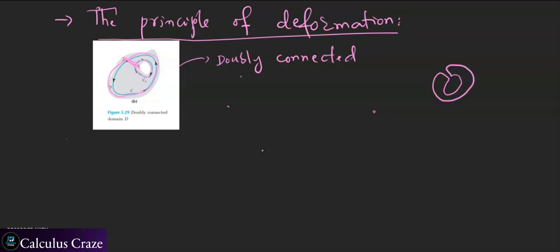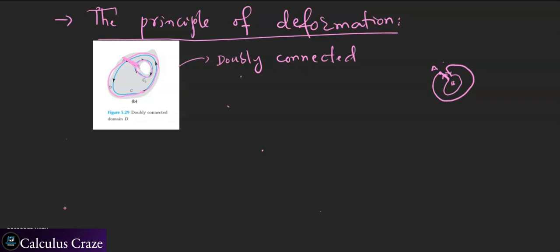This cut can be labeled with point A here and point B here, so this is AB, and if this orientation goes this way, then the opposite orientation goes this way. The conclusion is that this domain now becomes simply connected.